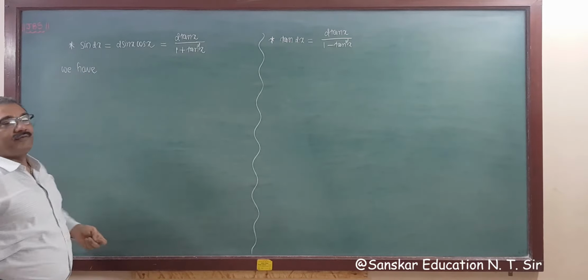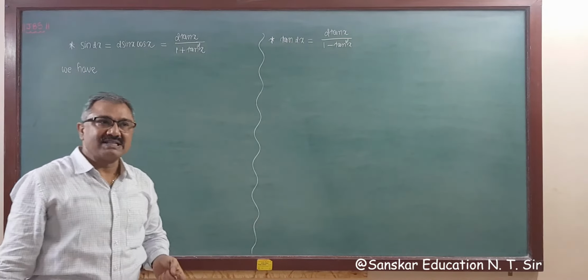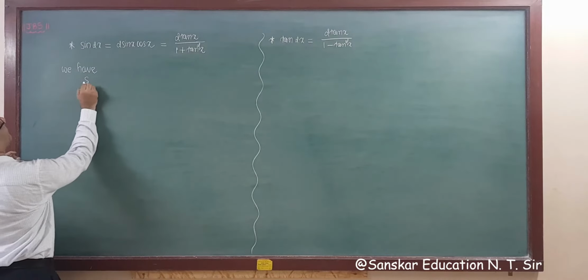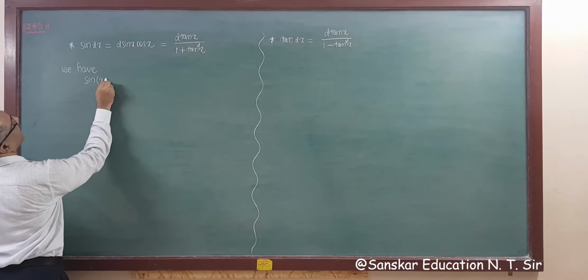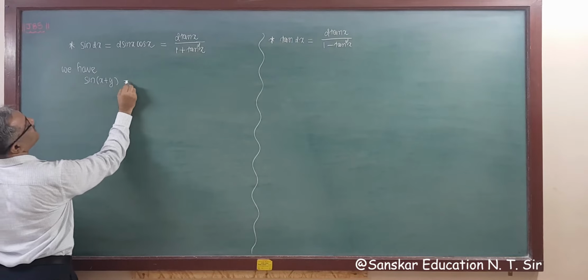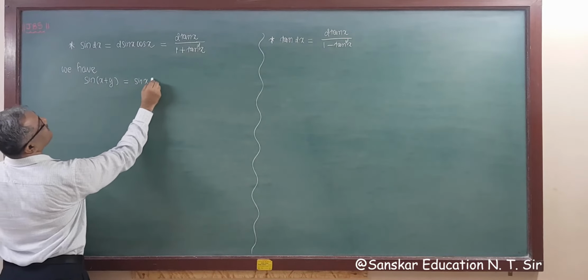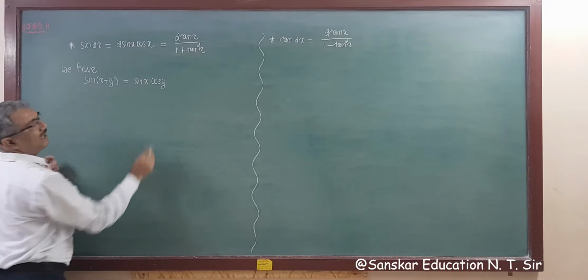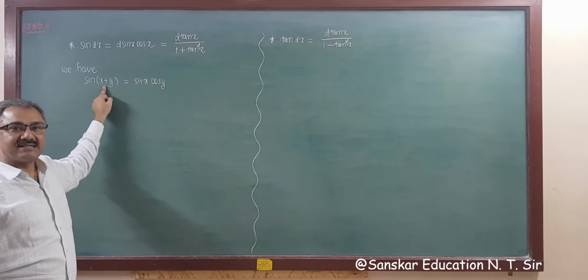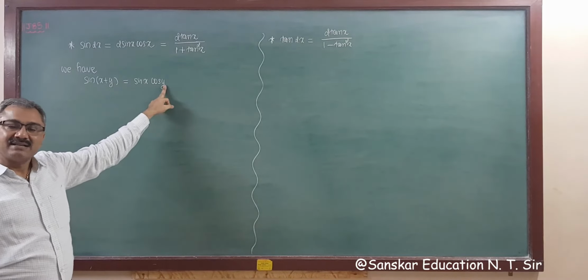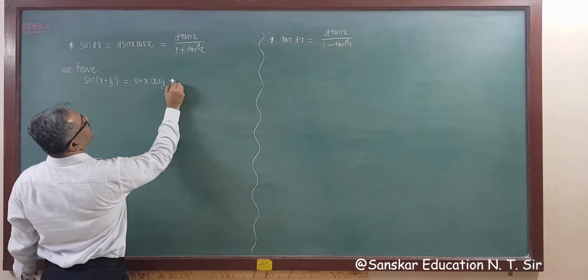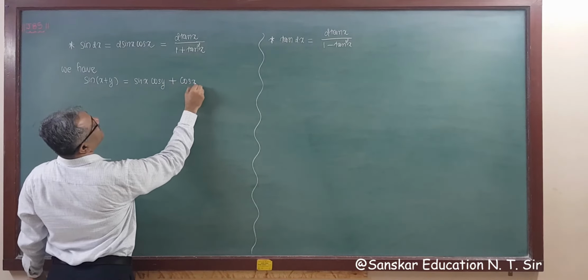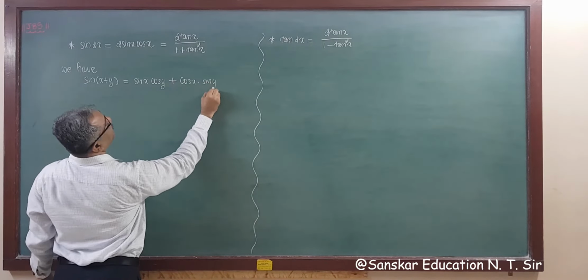We have one formula for sine x plus y, that is sine x cos y, and if plus is there, then the answer is plus cos x sine y, that you know.